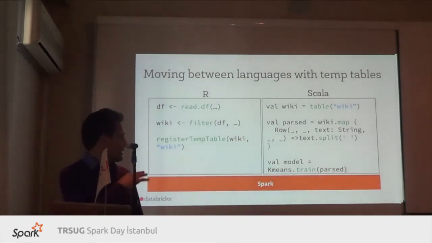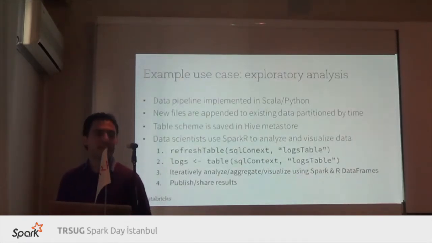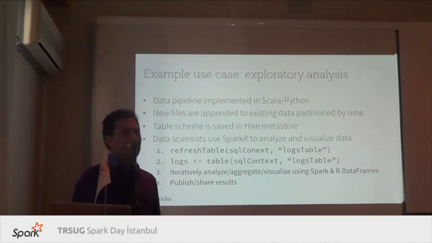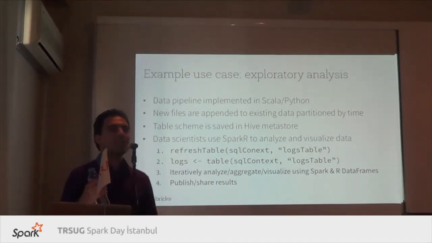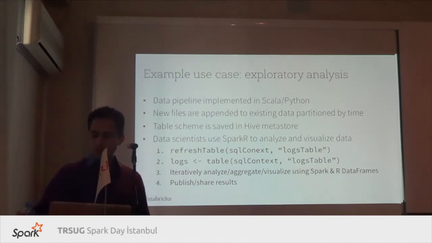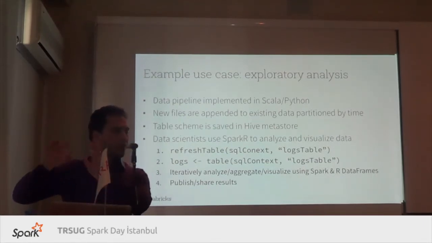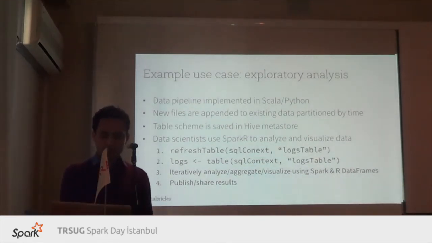One case where we find this ability to have multiple languages on the same data and the same analysis is with data engineering teams. In many companies, there is a data engineering team and a data science team. The data engineering team's job is mostly managing the data pipeline, basically making sure that the logs get collected from all the servers running in the data center into distributed storage.